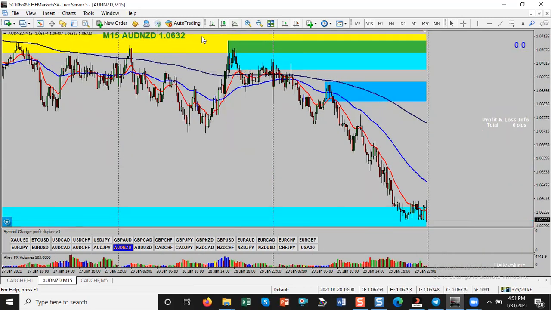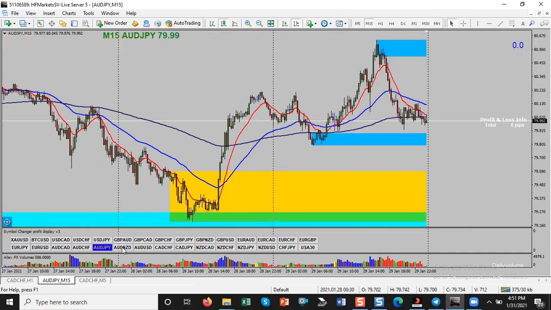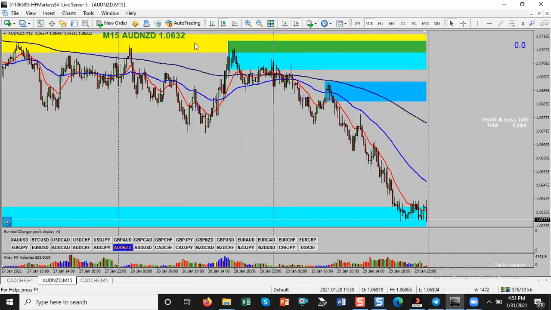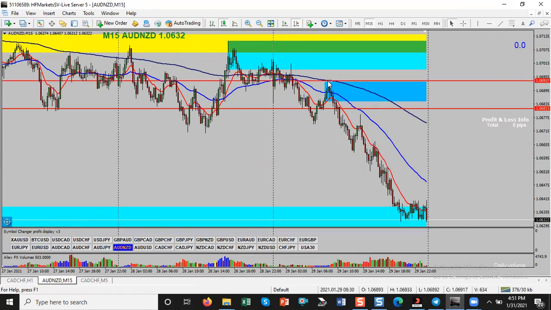So the H4 zone, we have the 4 hour supply zone, and we have the 1 hour supply zone when price is below 200 and the 13 and 50 are below 200. So entry will be somewhere here, then stop loss will be here.